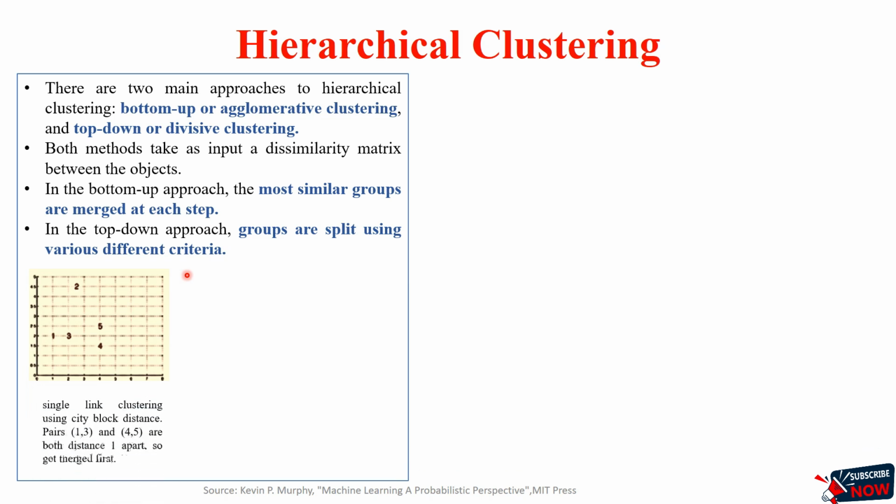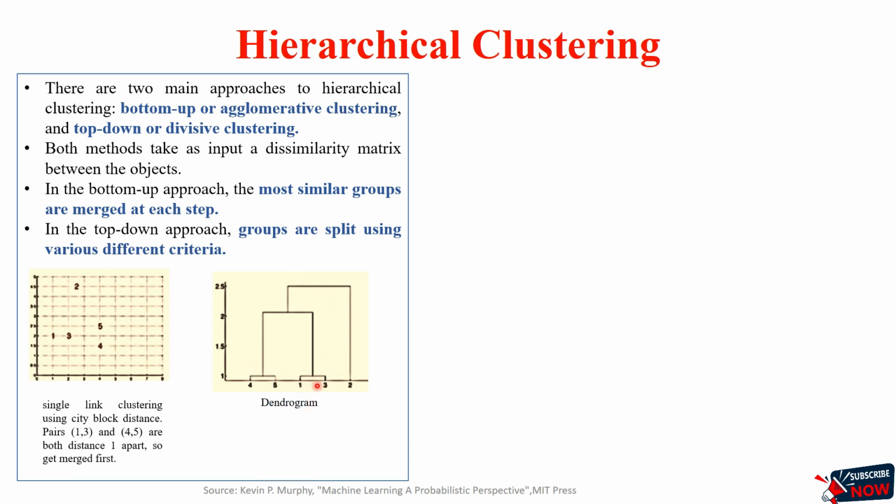In this figure, we could see, using single link clustering, how it is grouped. This is the city block distance. Here pairs 1, 3 and 4, 5 are both distance 1 apart. So we will be merging 1, 3 first and then 4, 5 next. This is the dendrogram, the visual representation of the merging.